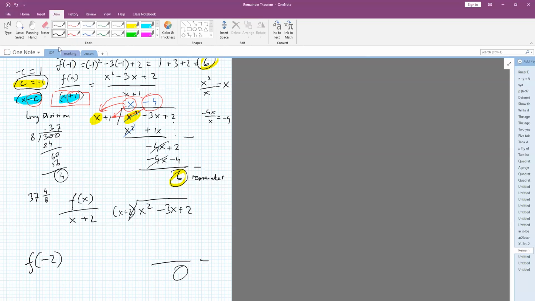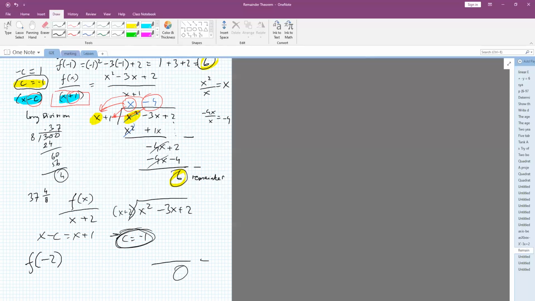So it's like x minus c equal to x plus 1. Therefore, the value of c is just minus 1. So this is the common mistake that I find from students actually when they divide a polynomial by a linear term. For example, x plus 1, and then what they put in that function, instead of minus 1, they put f of 1, and that is different. That is not correct. So just be careful when you're dealing with what value of c that you have here.